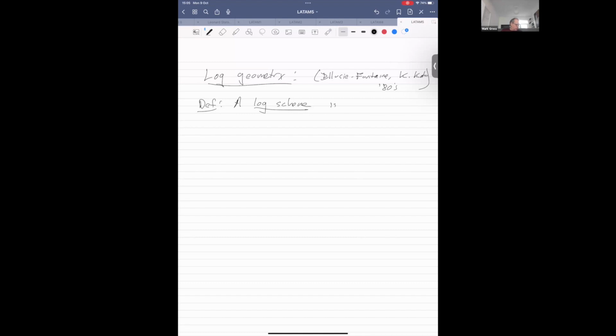So a log scheme is a tuple (X underlined, M_X, alpha_X). What are these things? First of all, X underlined is just an ordinary scheme, which we call the underlying scheme.